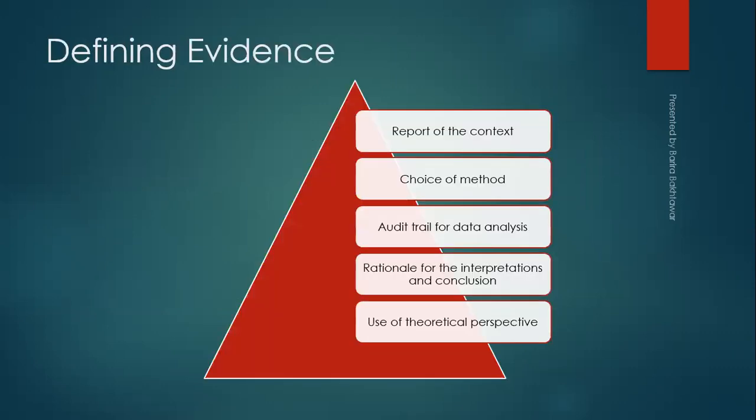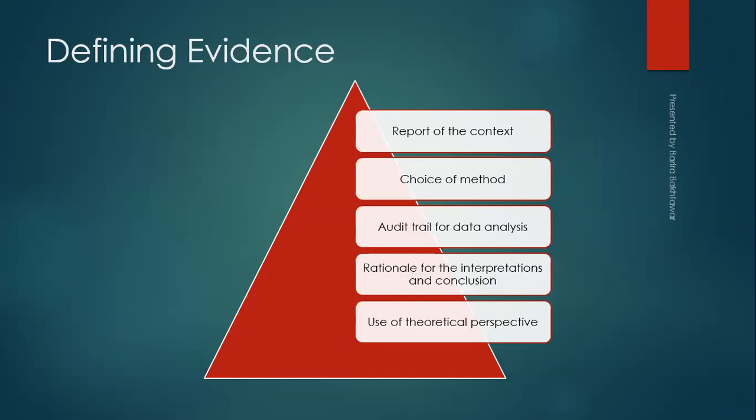Now, what is an evidence when you are reading a research paper? It is the report of the context, the choice of the method, the audit trail for data analysis, the rationale for the interpretations and conclusion, and the use of the theoretical perspective. So whenever you're writing a summary or a critical review of a research paper that your teacher has given to you, first you have to report the context, then you have to find out what method is being opted in that research paper.